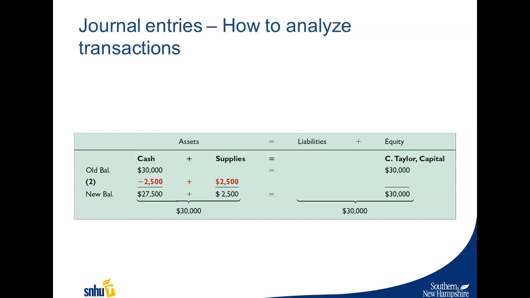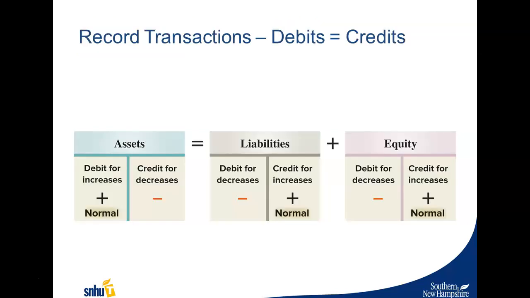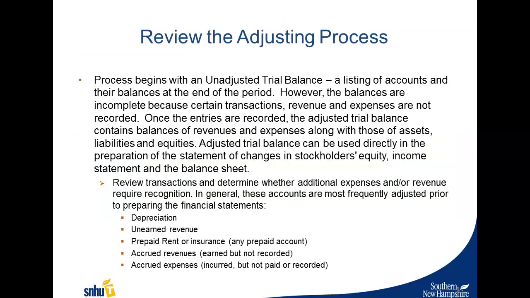My step 1 would be to read the transaction very carefully. Try to identify at least 2 accounts that are most likely affected by the transaction. Then, using your knowledge of assets equal liabilities and equity and how those accounts go up and down, you can have a good shot at preparing the journal entry accurately.